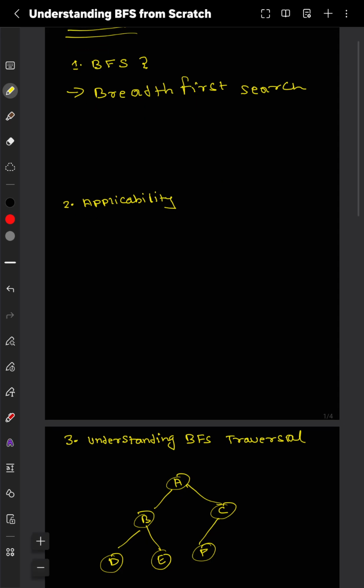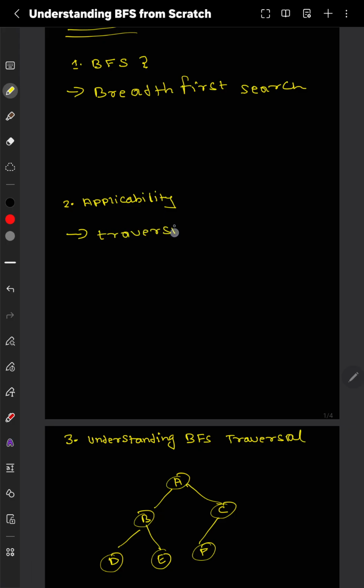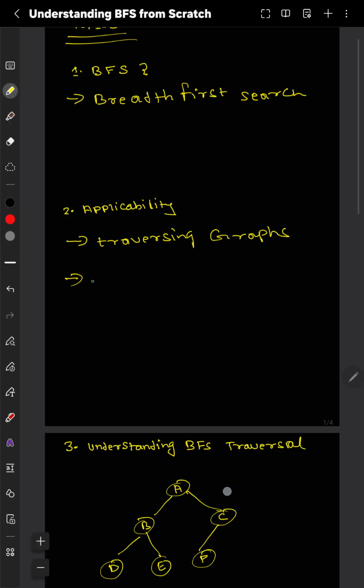So what is the applicability of this BFS? It is used for traversing the graphs, and it's explicitly used in use cases where you have to visit every node.